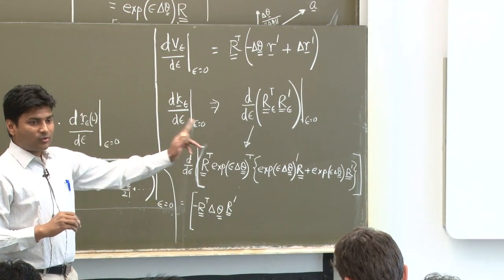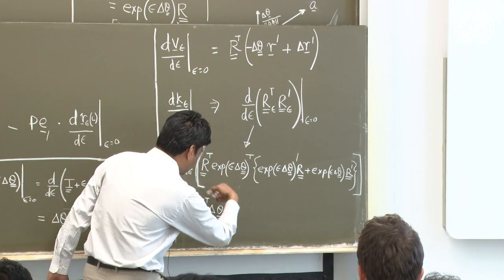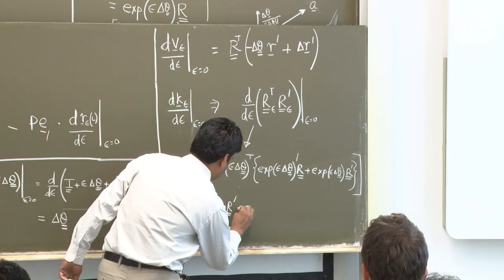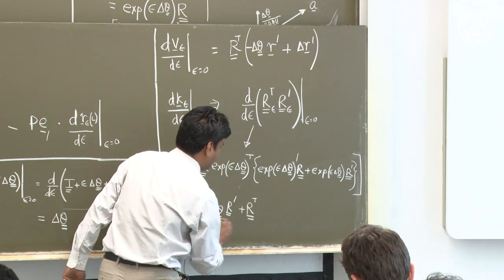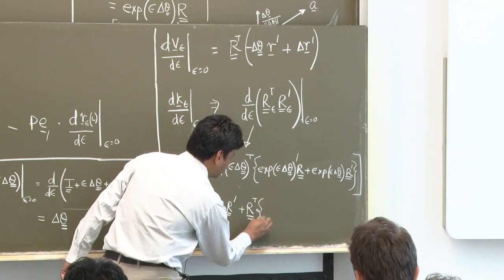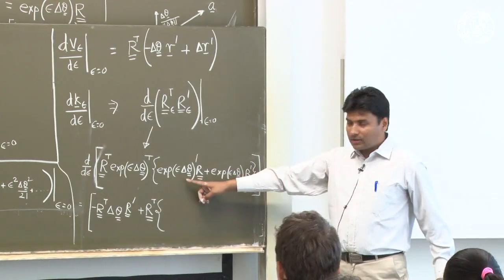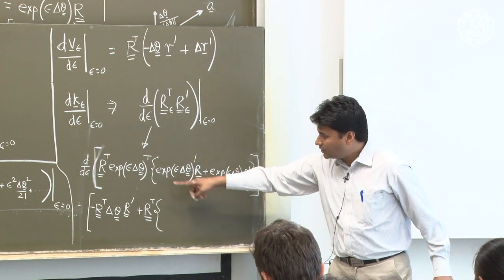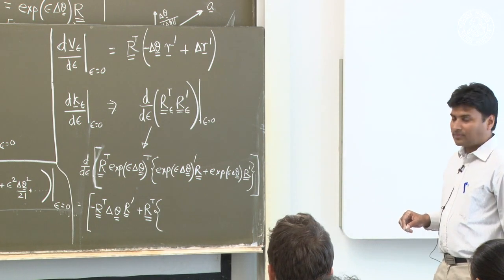Then we work out the second one. This one we evaluate at epsilon equal to 0. This is simply big R transpose, and then the thing inside the bracket, we have to take its differentiation. So d by d epsilon of this thing, what's that going to become?